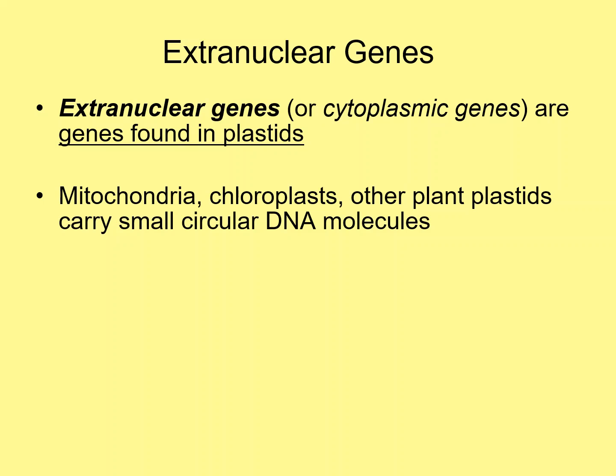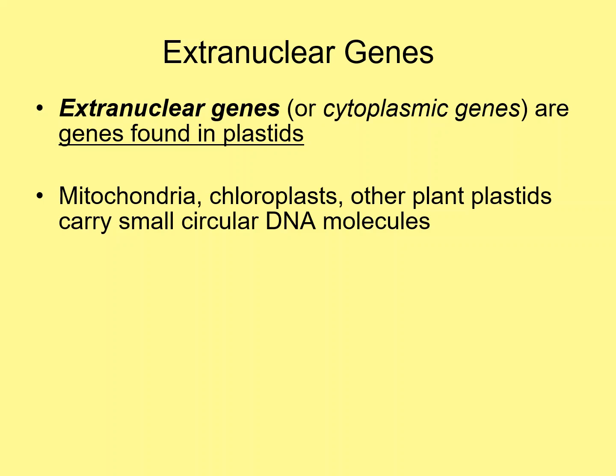So again, we think that these are ancient bacteria that started living inside our cells and inside the cells of plants, and so they carry their own genes with them. Some of those genes have actually migrated into our nucleus, so we have mitochondrial DNA as part of our linear DNA.